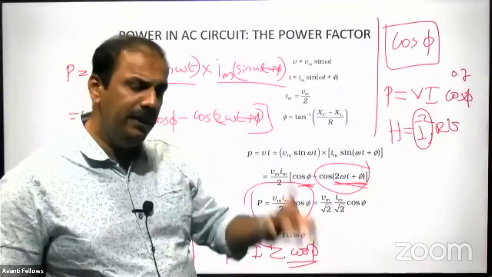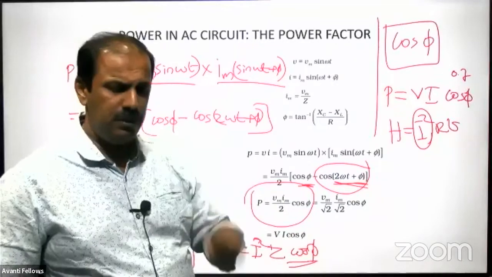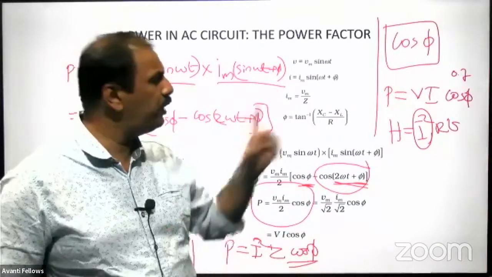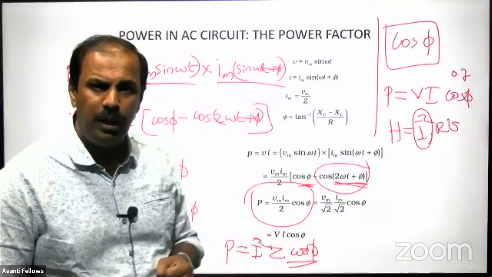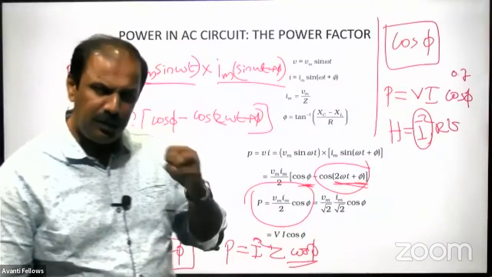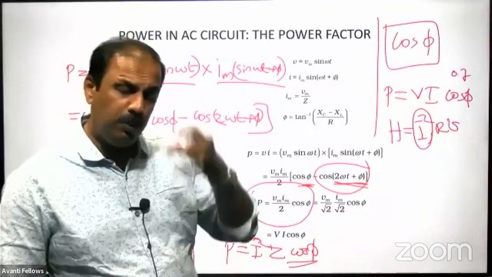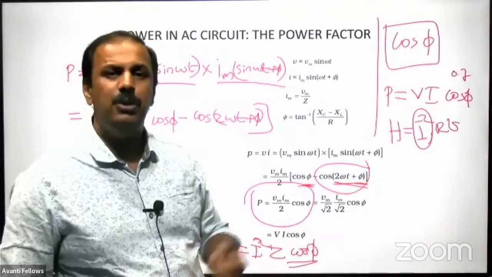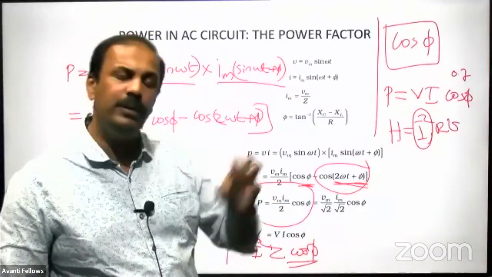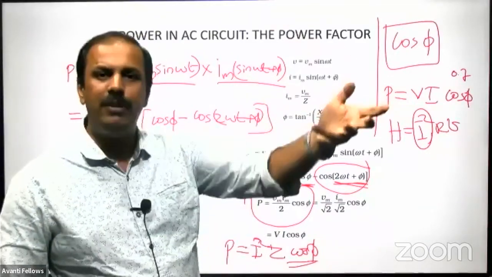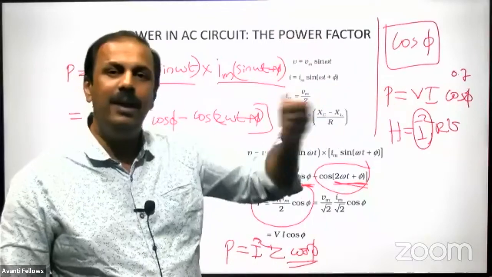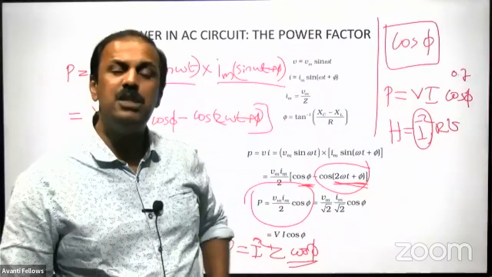What we are paying for our industry or our school is for the power that we are using. You got it? So we are using 100 kilowatt, so we are paying for 100 kilowatt. If our power factor is less, to supply this 100 kilowatt, they have to use more current. This more current is coming outside our campus, so in that area these wires will heat up.